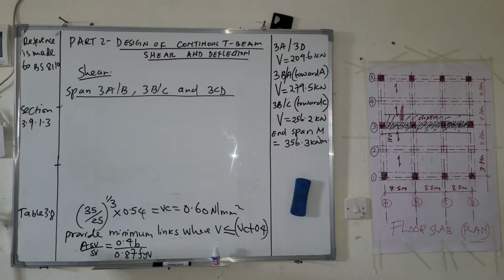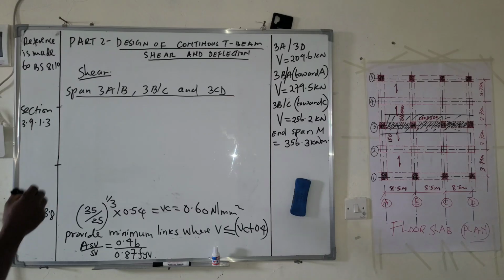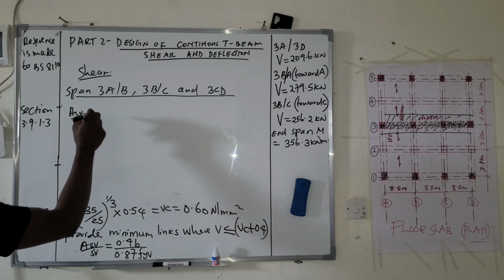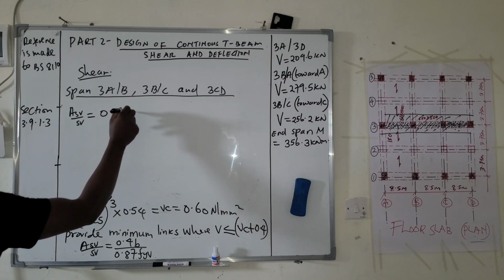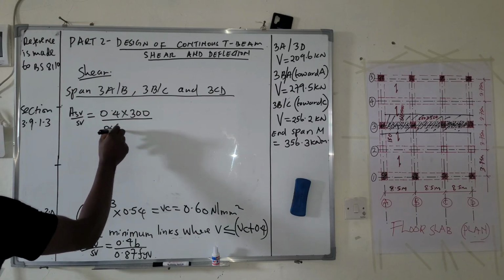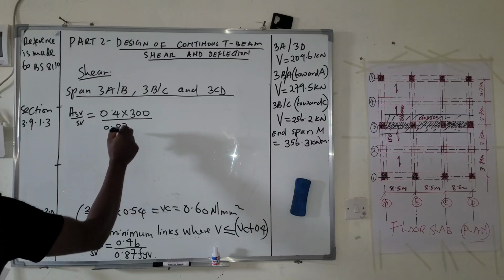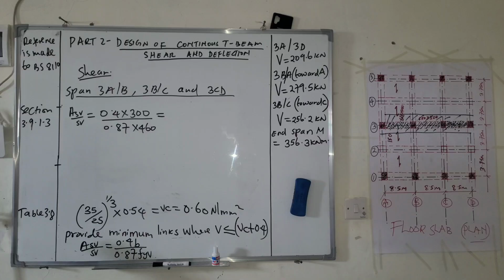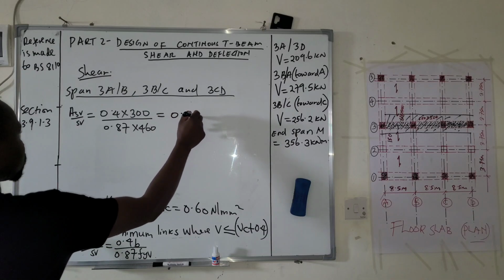So let's proceed. So Asv over sv is equal to 0.4 times b, which is 300, over 0.87 times fyv, which is 460. So this one is equal to 0.300.